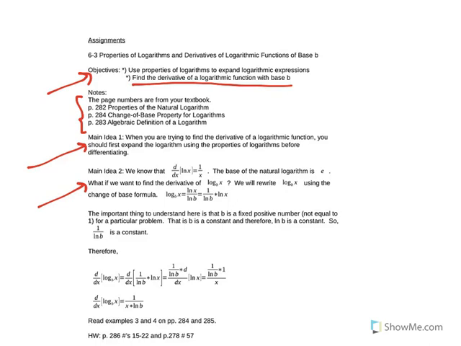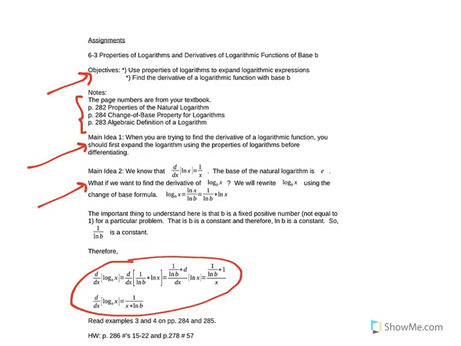So how does this help us with our objective? Our objective is to find the derivative of a logarithmic function with base b. So now that we've been able to rewrite our logarithmic function with base b as the natural log of x times a constant, we can use what we learned before about how to find the derivative of the natural log function to now find the derivative of a logarithmic function with some other base.